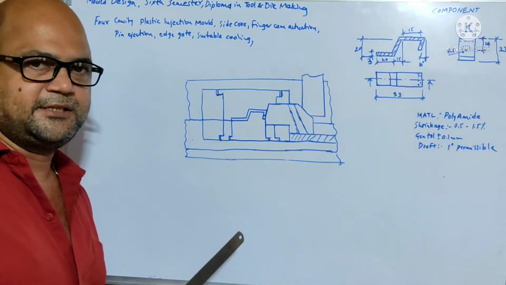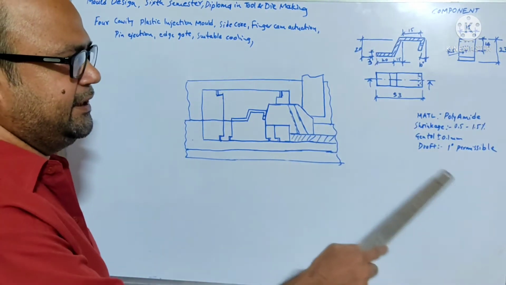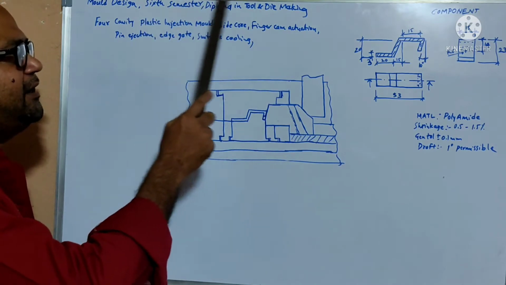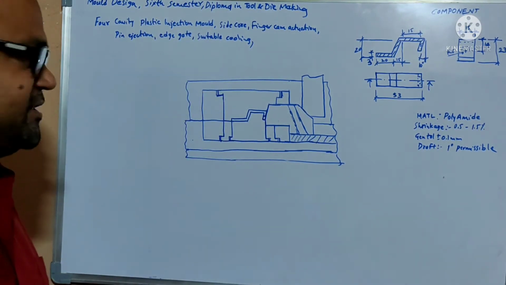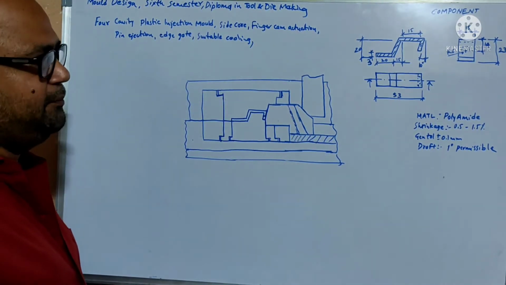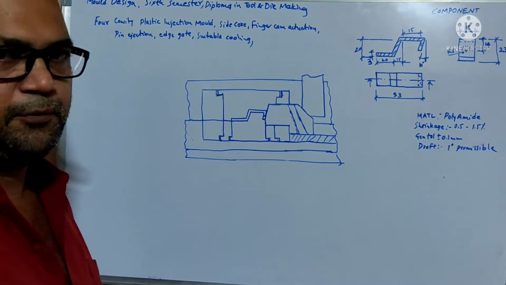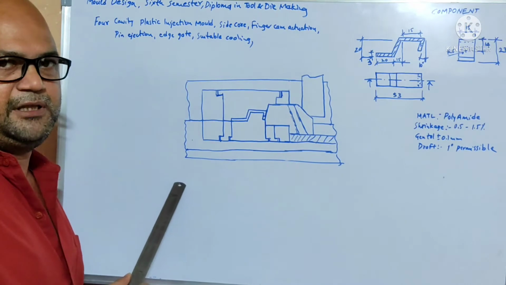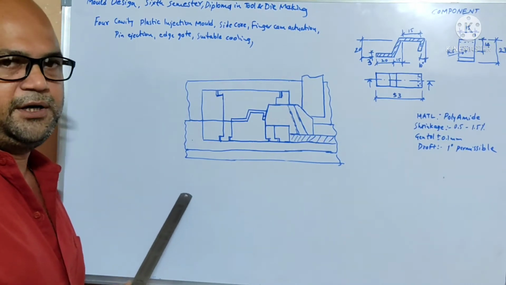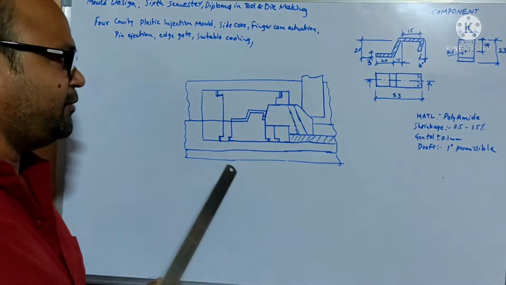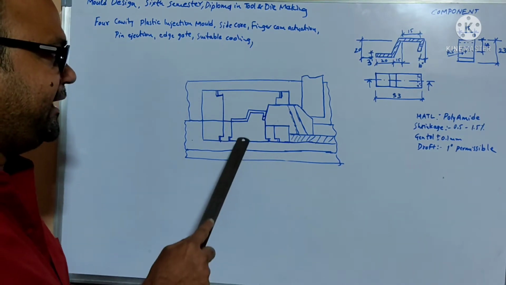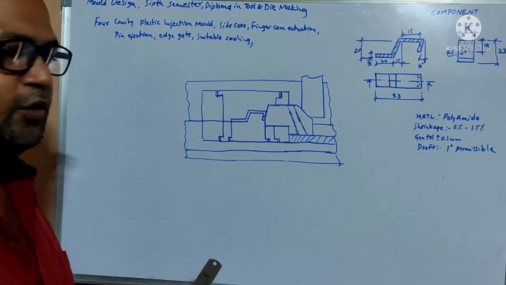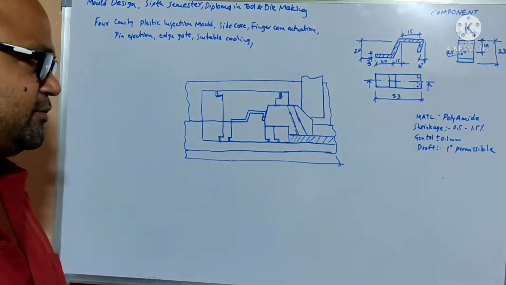You are observing the component specifications and then the tool specifications. Before starting, in my class I always give the principle of the component, and the parting line for the core, cavities and the side cores.